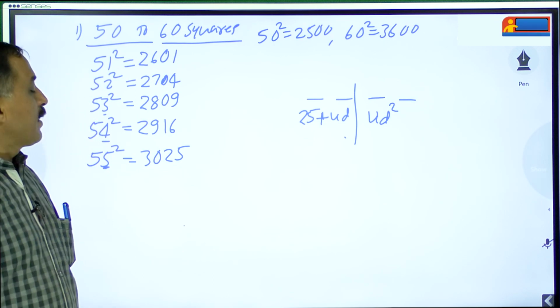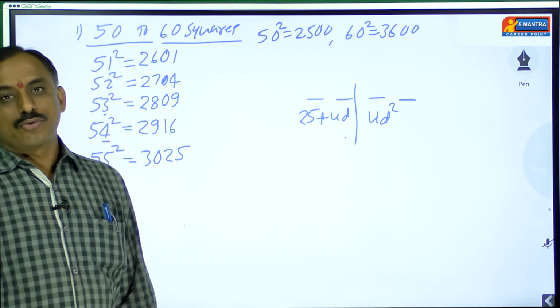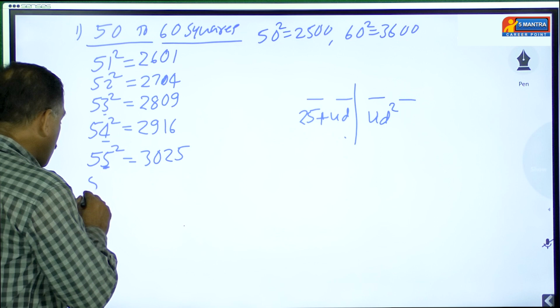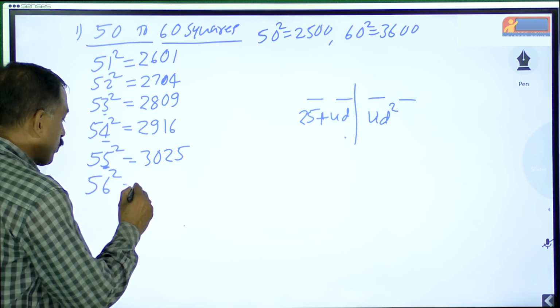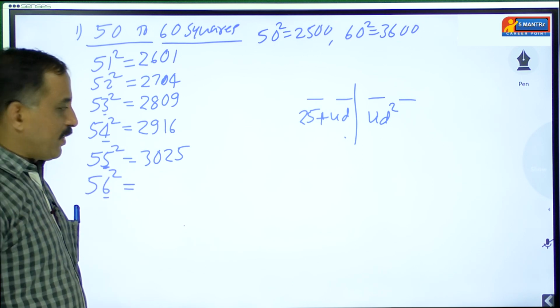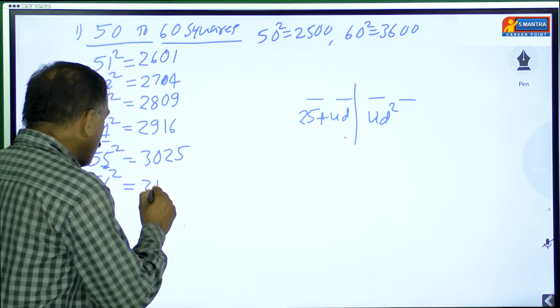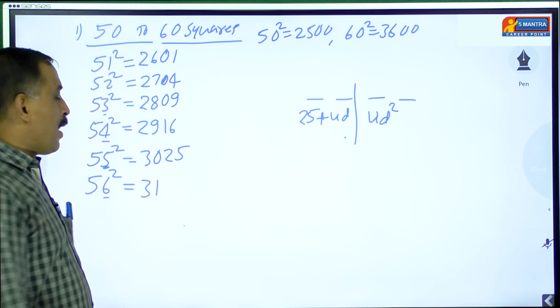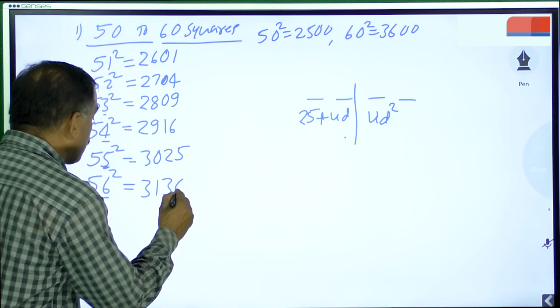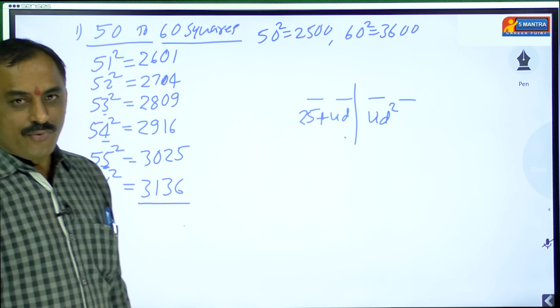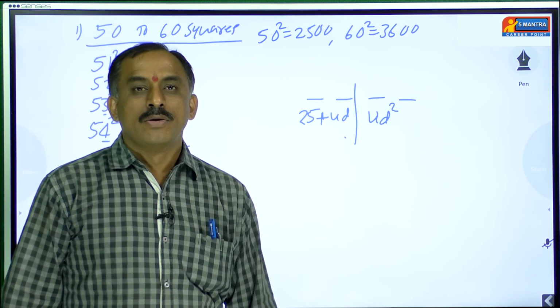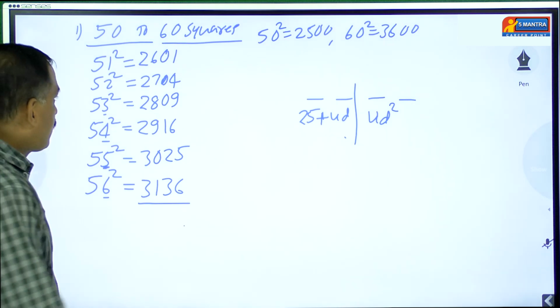Therefore, 55 square is equal to 3025. 56 square: 25 plus 6 is 31 and 6 square is 36. Therefore, 56 square is equal to 3136.